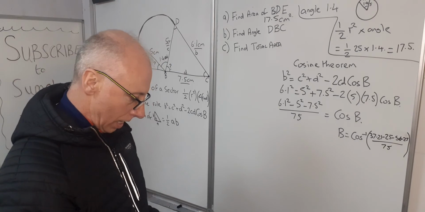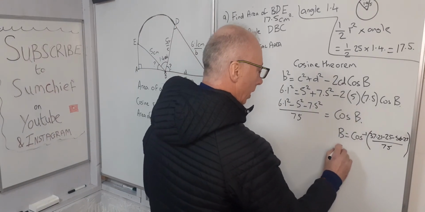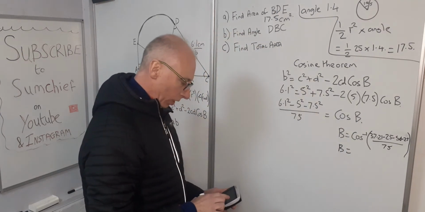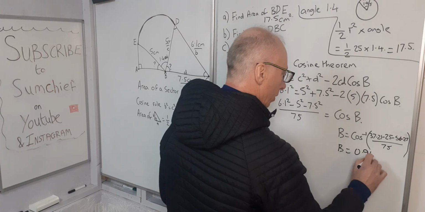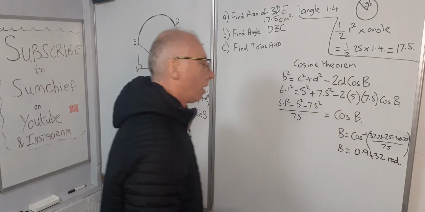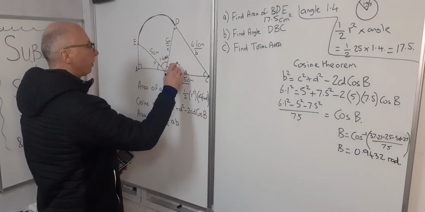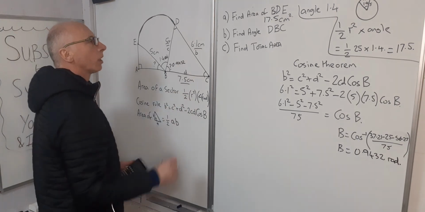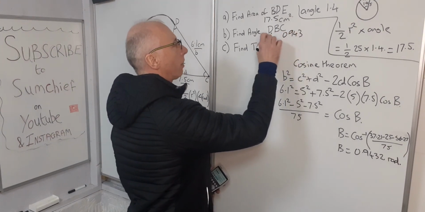So if we put that in our calculator, we get B equals 0.9432 in radians. Okay, so this angle, 0.9432, to 3 decimal places, 0.943, is our angle DBC.